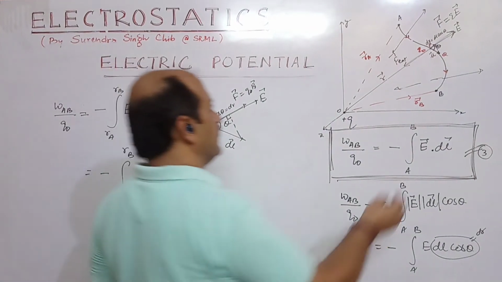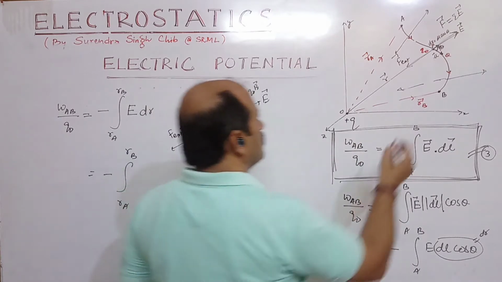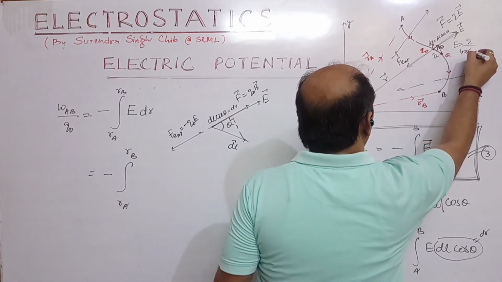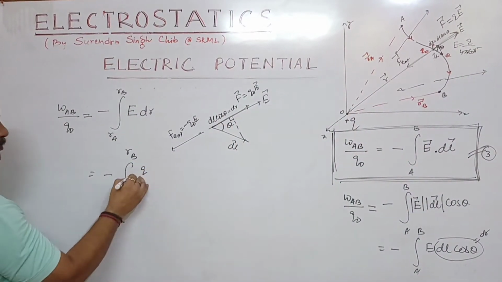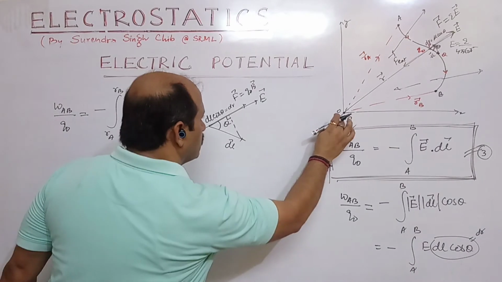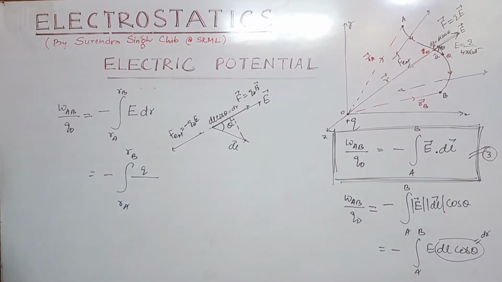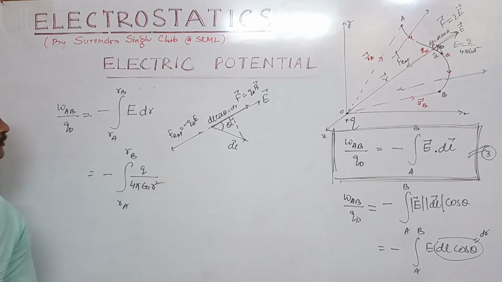What is the expression of electric field intensity at this point? What will be its magnitude? It should be Q upon 4 pi epsilon naught r square, due to this Q. The magnitude of the electric field strength here is Q upon 4 pi epsilon naught r square.